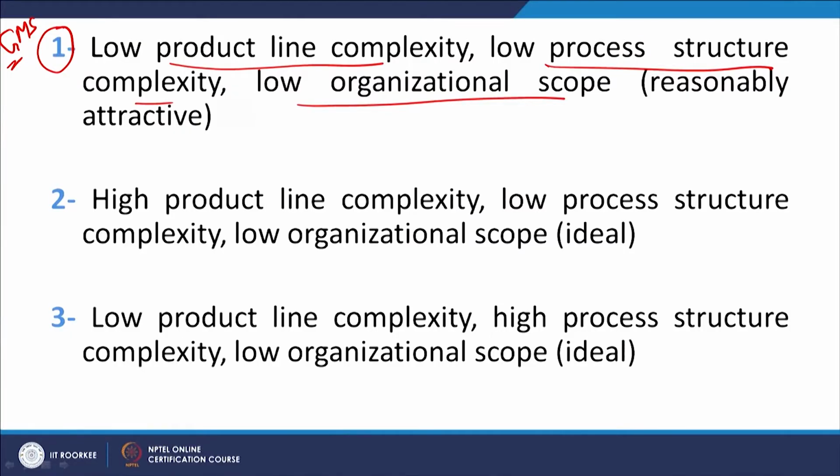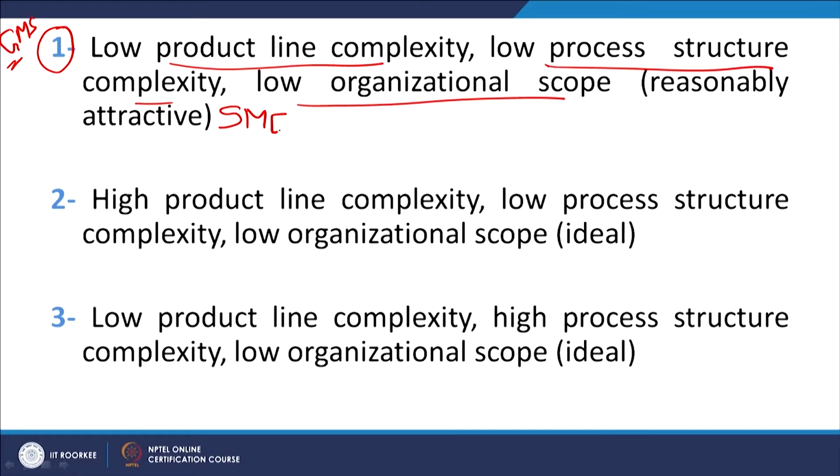So, this point 1 is suitable for those organizations which are particularly in the SME sector. This is a suitable case for the SME sector, where you have everything within a small organizational scope.